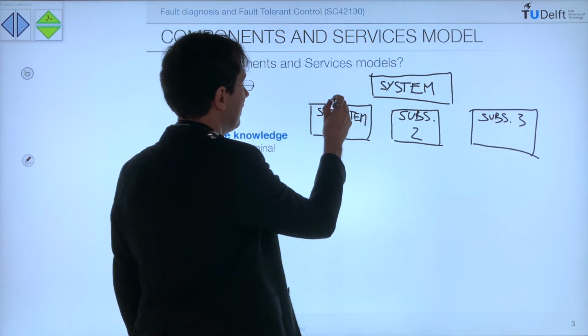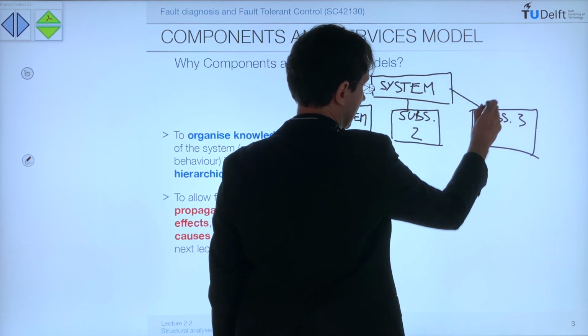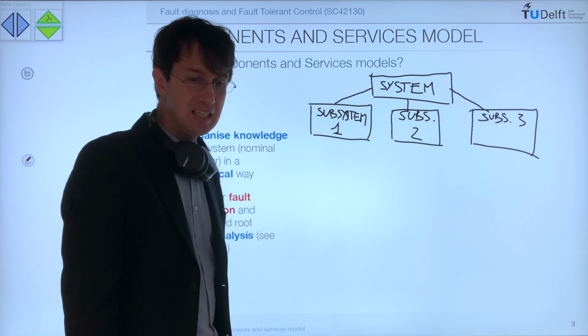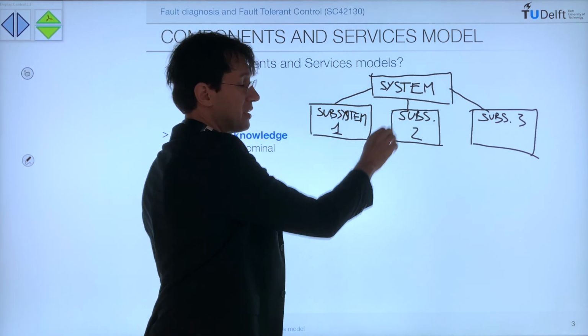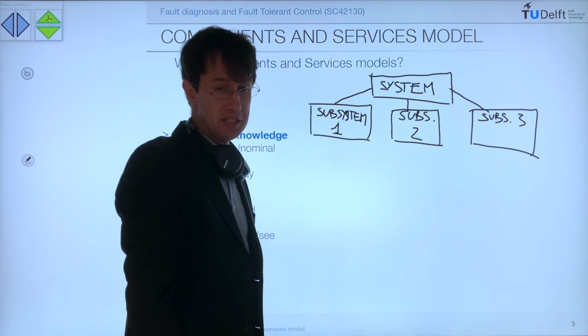All of them, we draw them connected to the system to represent the fact that they are each providing a subset of functionalities that are needed by the overall system.